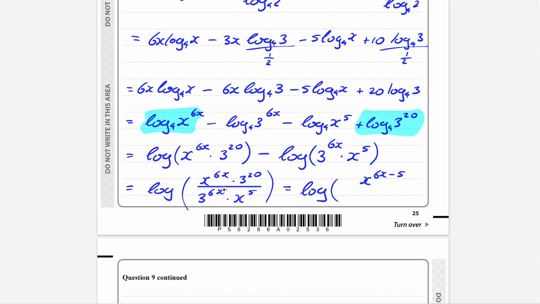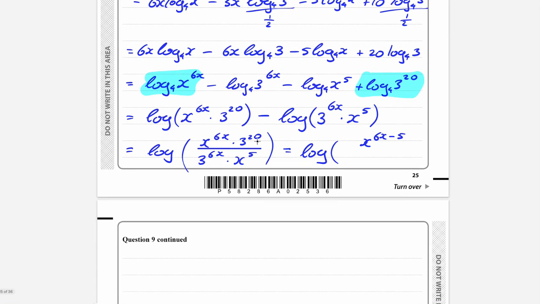At the bottom it's 3 to the power of 6x, and then if I bring this 20 down underneath the line, it becomes 6x minus 20.